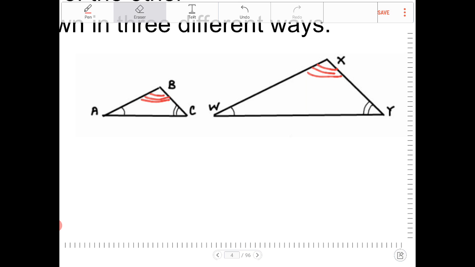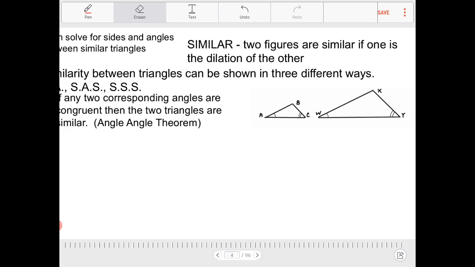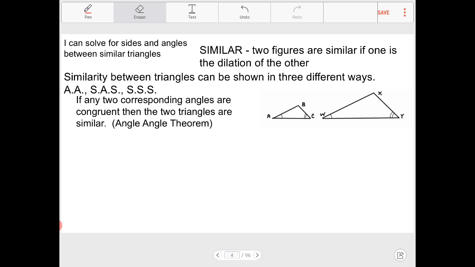So we only need, at most, two pairs of corresponding angles to show that the two triangles are in fact going to be similar. And this is a theorem, because we just went through the logic of explaining why we only need two angles. We call this the angle-angle theorem, and that is all you need to show whether or not the two triangles are similar, or whether or not one is the dilation of the other.